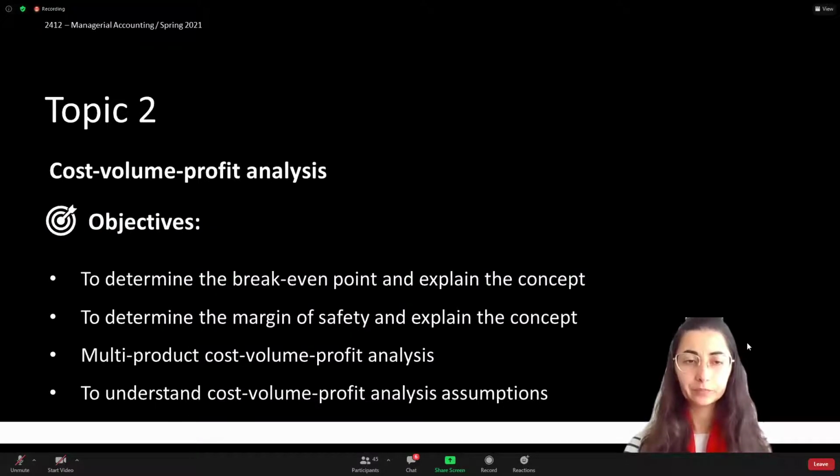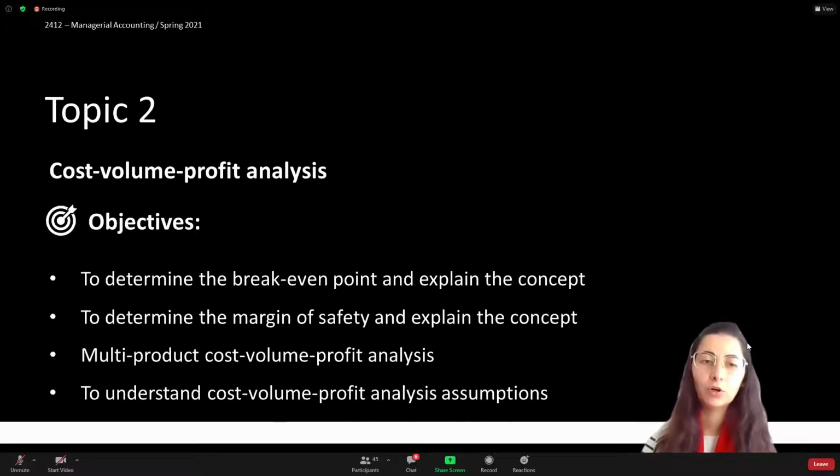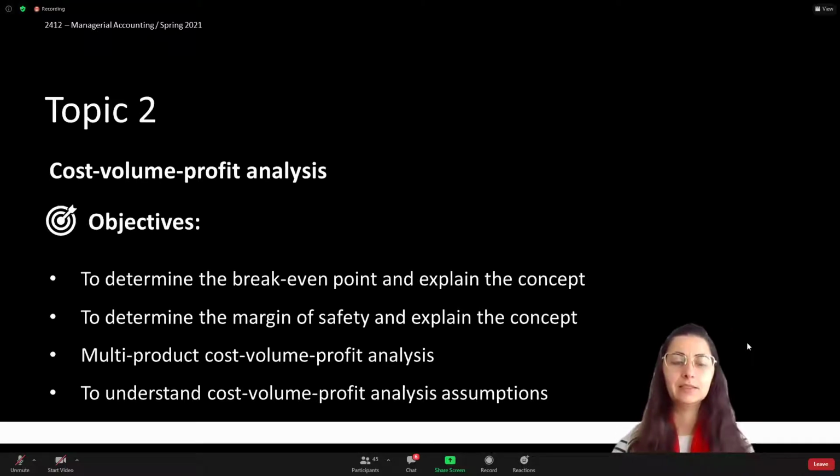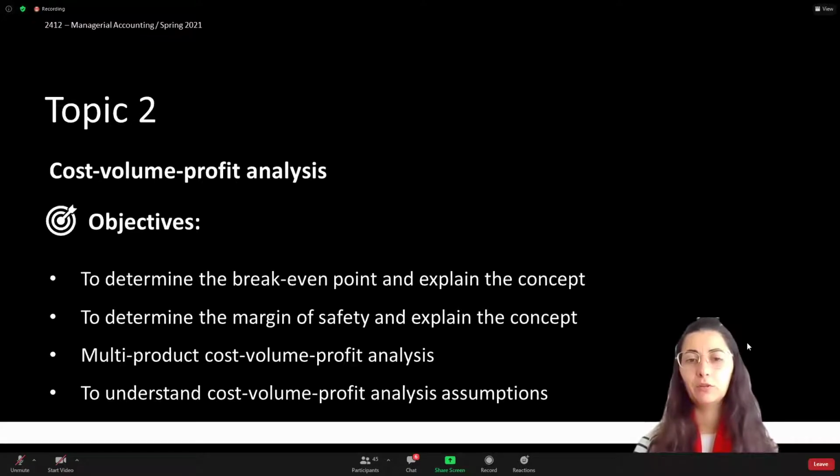The objectives of cost, volume, profit analysis are to determine the break-even point and also explain what it means, what this concept is about; to determine the margin of safety and also be able to explain what the margin of safety is; to do this not only for a single product, but also when we have multiple products, which is the case of most organizations; and to understand the assumptions of this type of analysis.